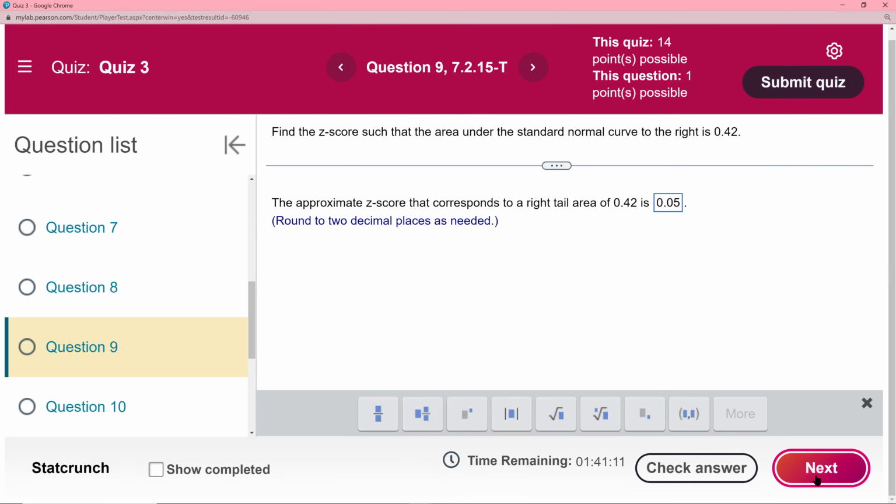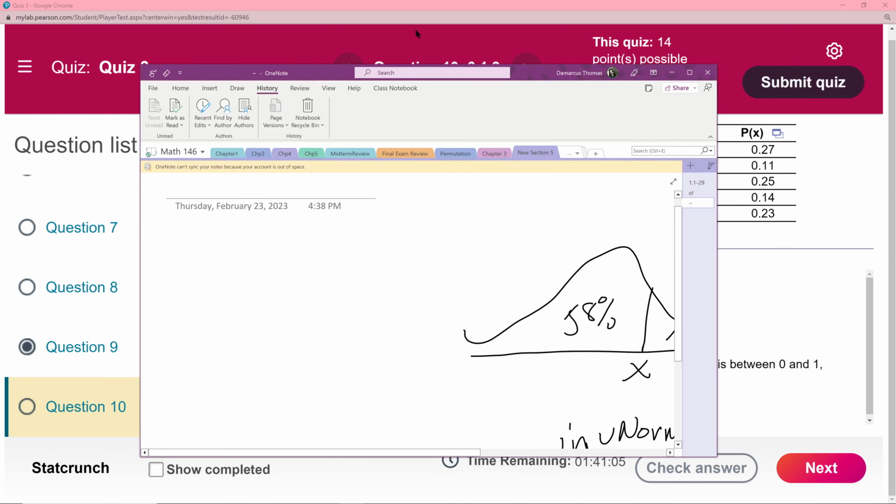We could have done this on StatCrunch as well, and let me just demonstrate that real quick.